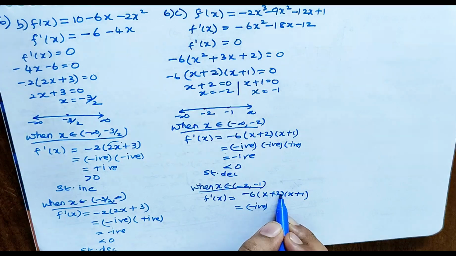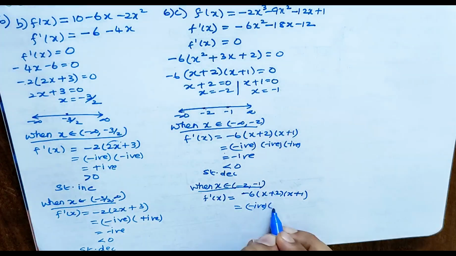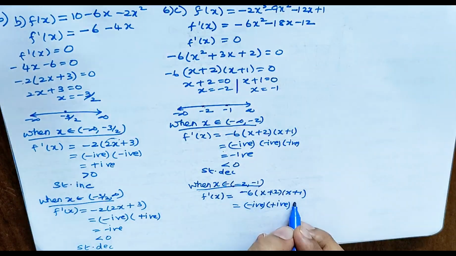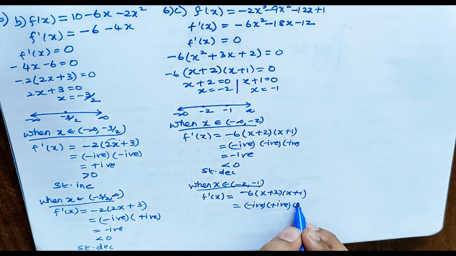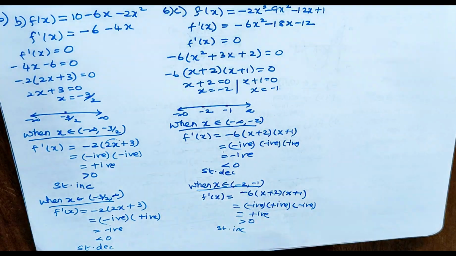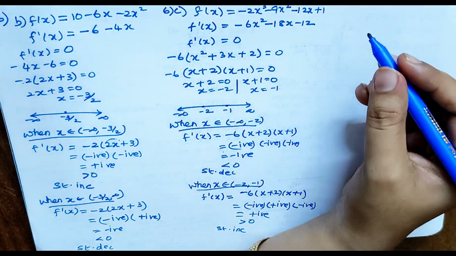Since x plus 2 is a positive number and x plus 1 is negative, we will get a negative sign here. Negative into negative, positive, positive into positive, we get positive. That is greater than 0. The function is strictly increasing on this interval minus 2 comma minus 1.